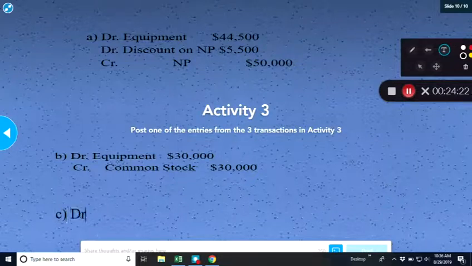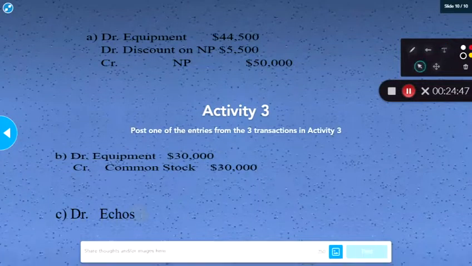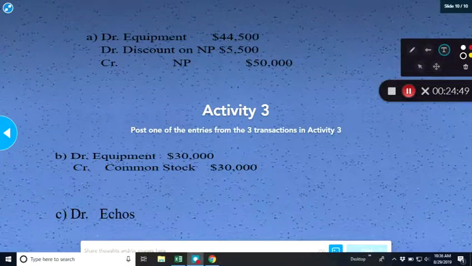And then finally, for C, we had the donated Echoes that we valued at 10,000, and the other side of that one is going to be a credit to revenue.